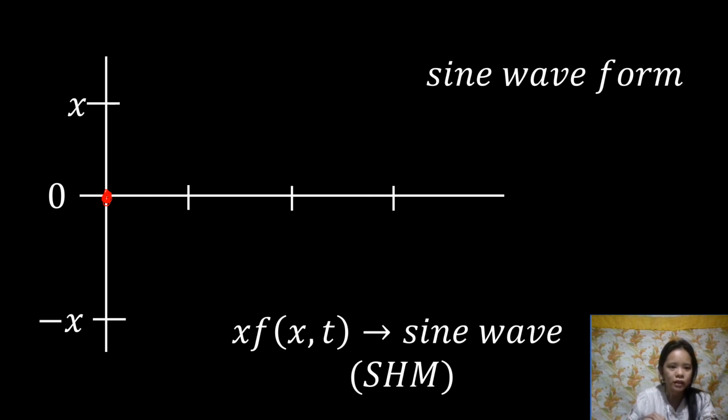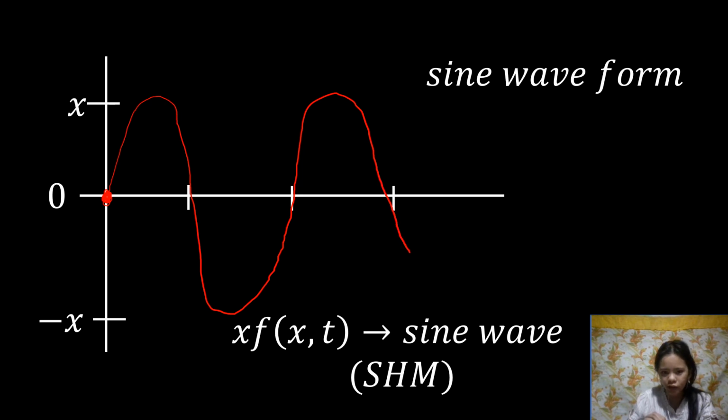That is how oscillation happens. Then again, until the cycle ends. The waveform here is called a sine waveform. If you consider the motion, the function of x and t, to be a sine wave, we can call this simple harmonic motion.